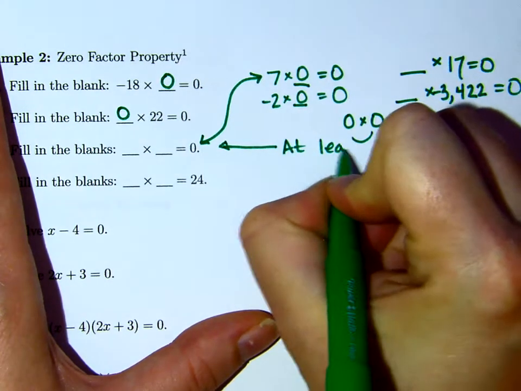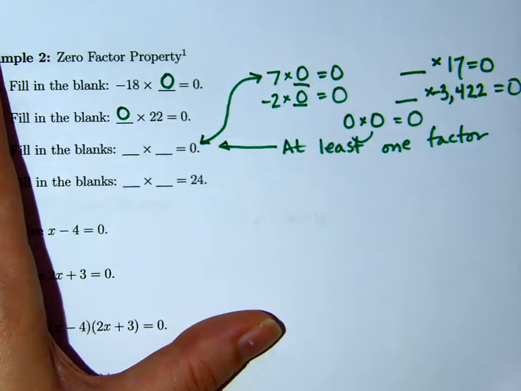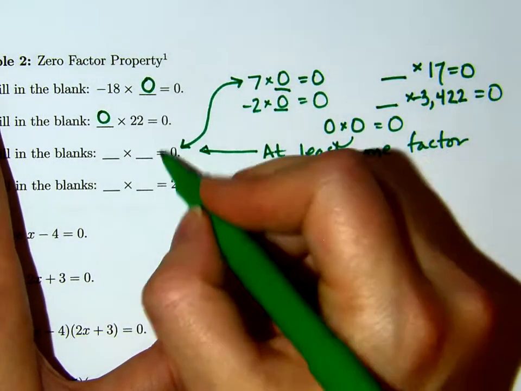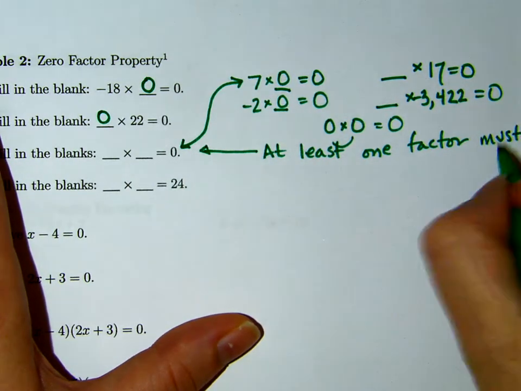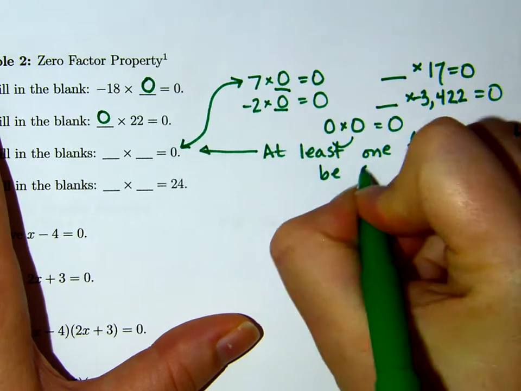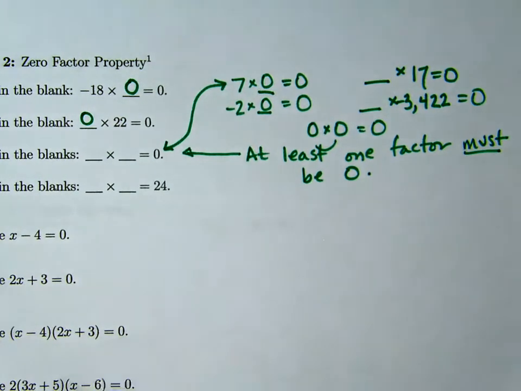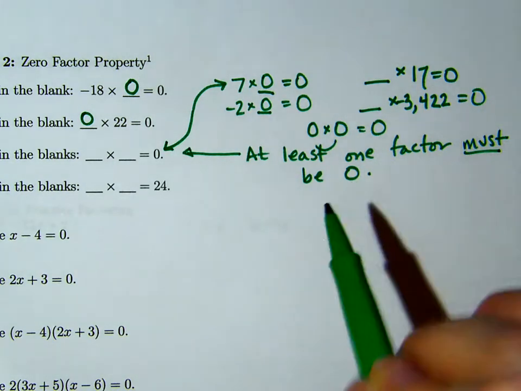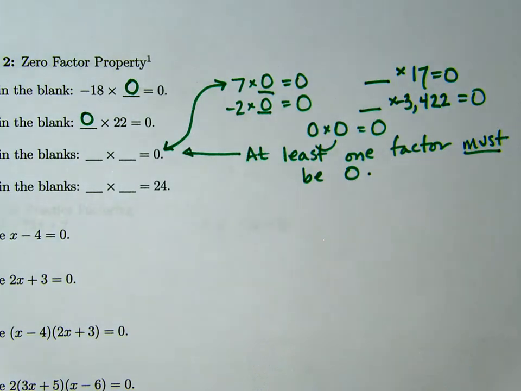At least one factor must be 0 for this to be equal to 0 after being multiplied. Yeah? Okay. So our answer, we can't really fill in the blanks, but we know this is how we would fill in the blanks. At least one of these factors must be a 0.